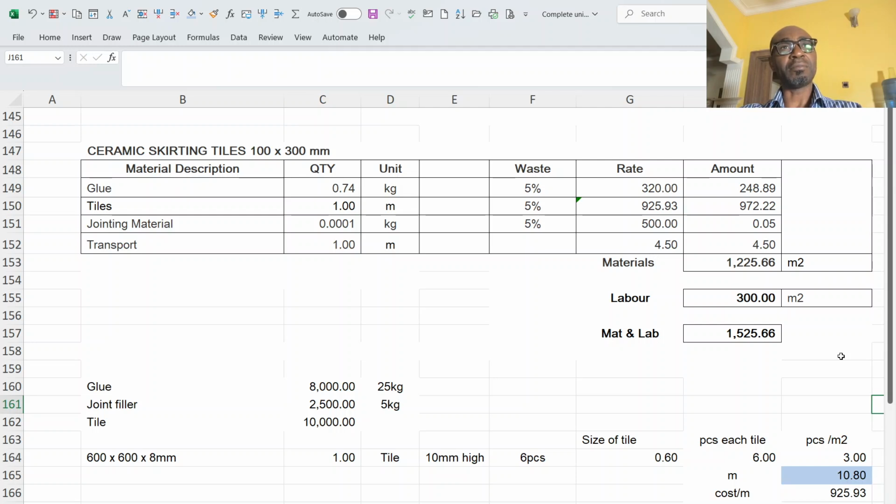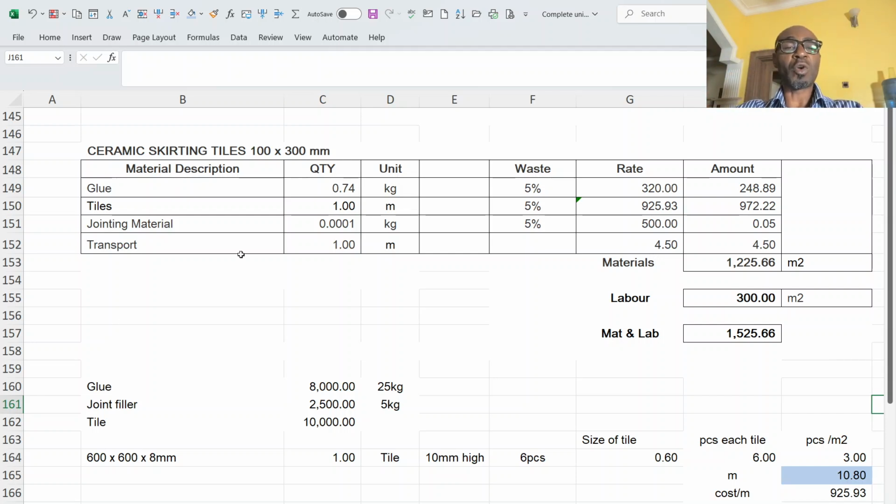And because of this, we want to use the common scenario of what is obtainable in our market to build up our unit rate per square meter.